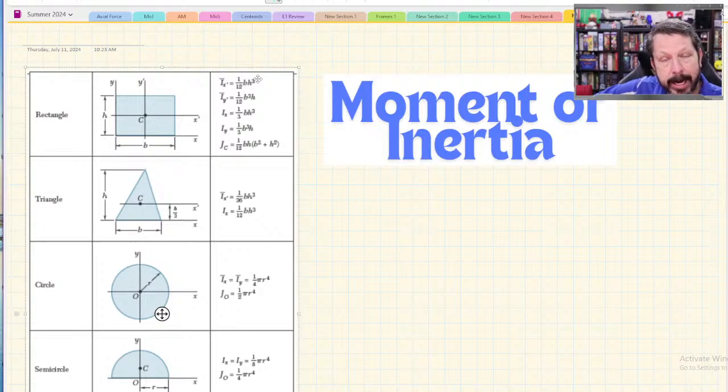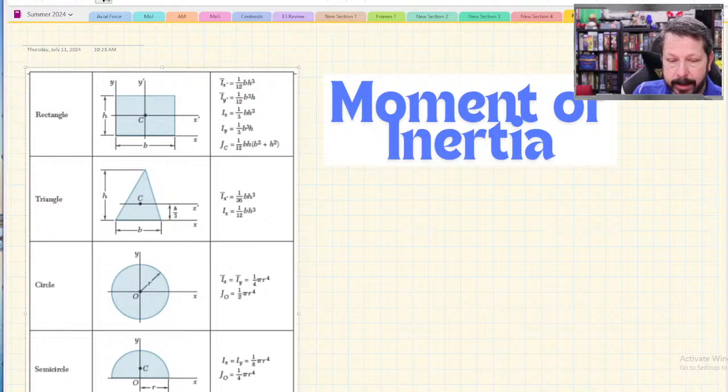We're doing areas. In fact, if you remember a long time ago, we were doing centroids, and we made a bunch of assumptions so that we were talking about the centroid of an area versus the centroid of a volume of some mass.